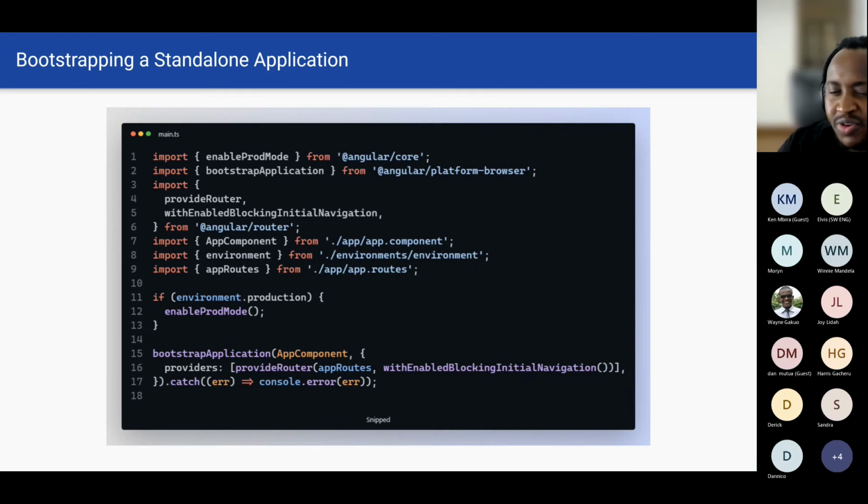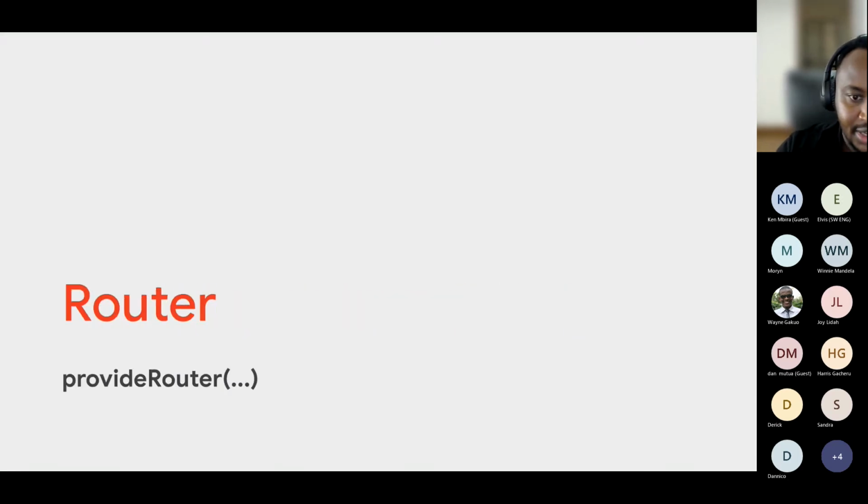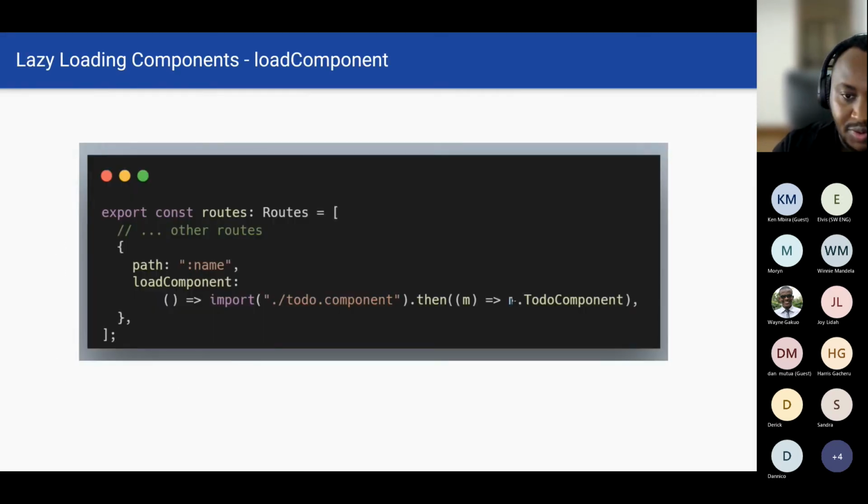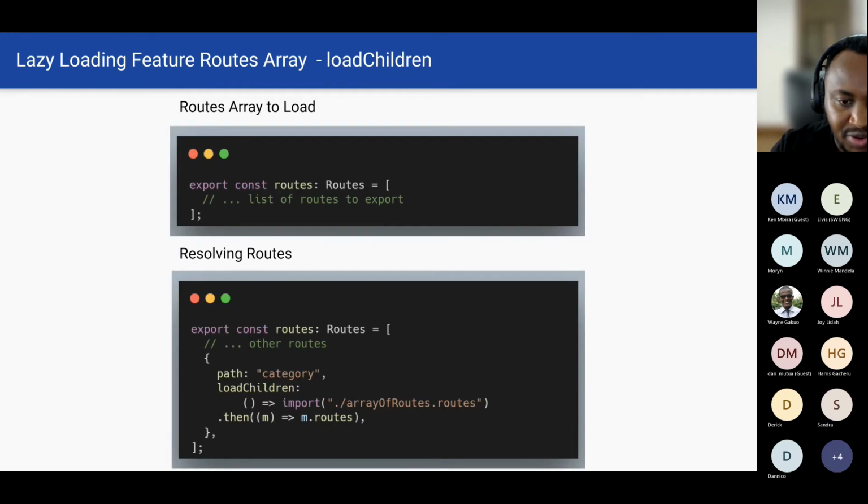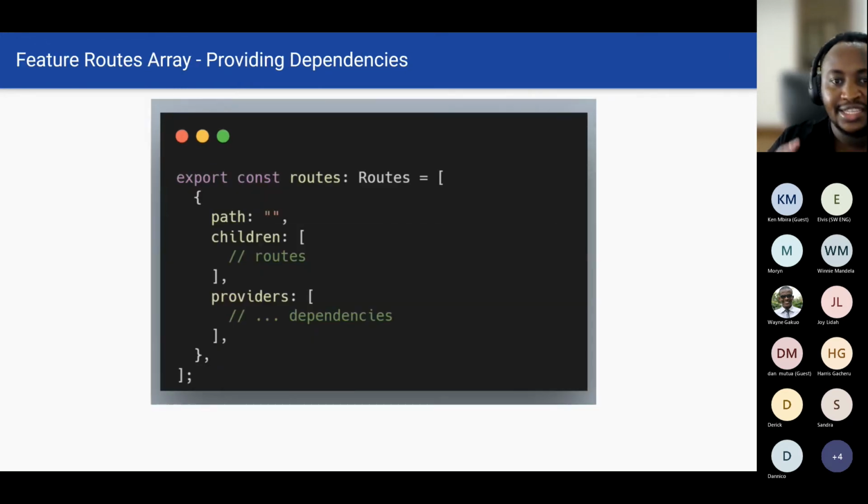What happens if you want to provide dependency injection for a route and its children? With Angular, you now have a new providers property inside the route. In here, you can inject any dependencies you want for that specific route and its children, and they are going to get that dependency.